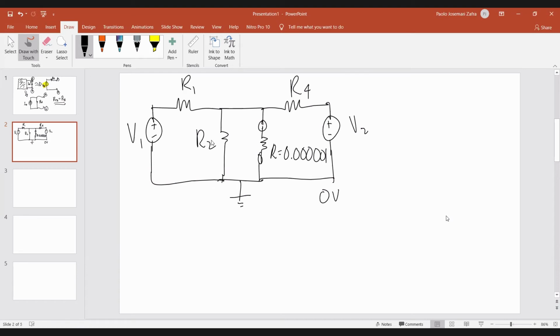Then you measure the current flowing upward. This is your IN. That's what you will be doing for this particular experiment.